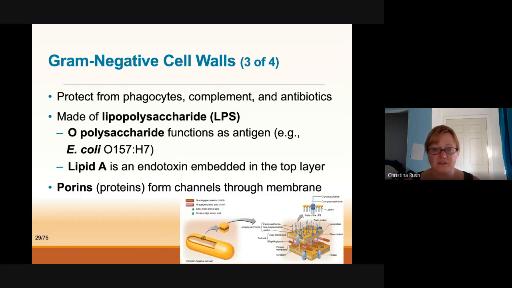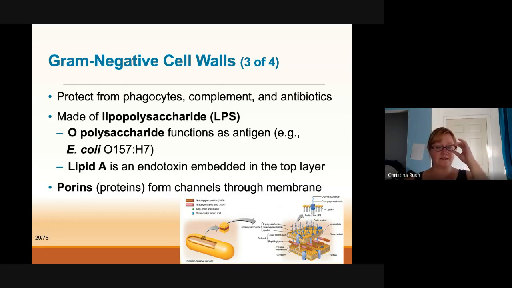So obviously there's at least 157 O polysaccharides that we have as scientists in our database. When we are looking at the particular E. coli, we say, oh, it's the O polysaccharide 157, and it's our H antigen number 7. Obviously these numbers can change. It depends on the type of E. coli that you're looking at. But the O and the H will stay the same.